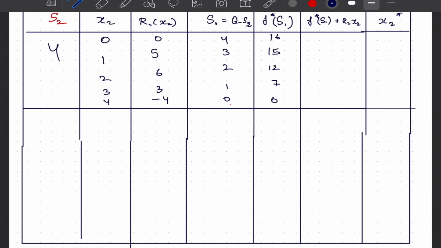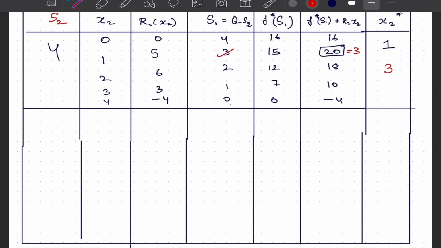If we look at the returns for user 1, we will again go back to our optimized table. So this would be 16, 15, 12, 7, 0. Total return is going to be 16, 20, 18, 10, and minus 4. So our optimal value should be 20.